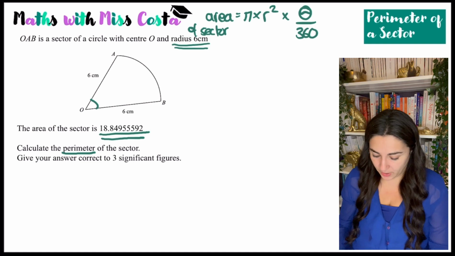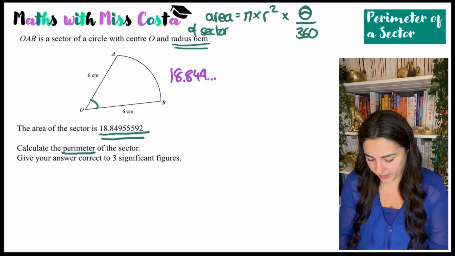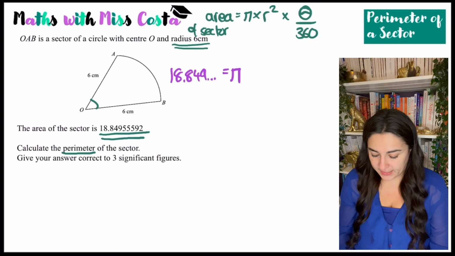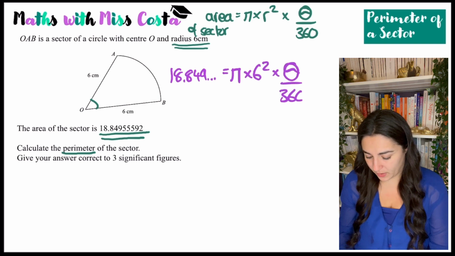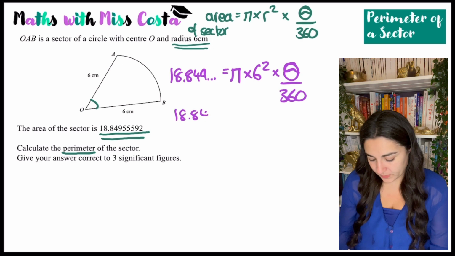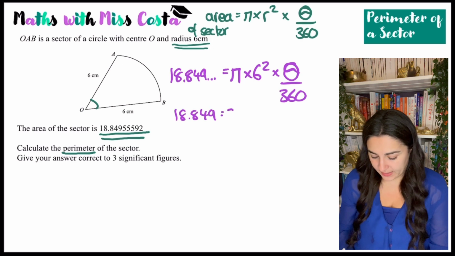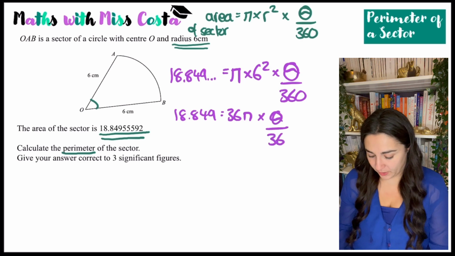So let's substitute what I know. Well, I know that the area is 18.849, and so forth. So that must be pi times 6 squared times something over 360. So let's divide by what I can. So 18.849 equals 36 pi times theta over 360.